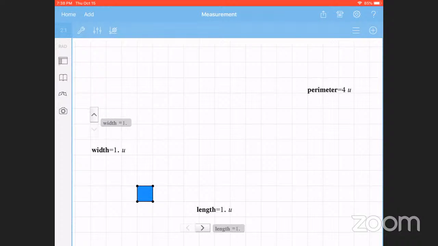Okay, so the U, talk to me about the U. Well, the U says to me that I don't know if you're measuring in feet, miles, millimeters, but since I can't see a measurement, we're going to use U for unit as a generic labeling of whatever we've used to measure with.